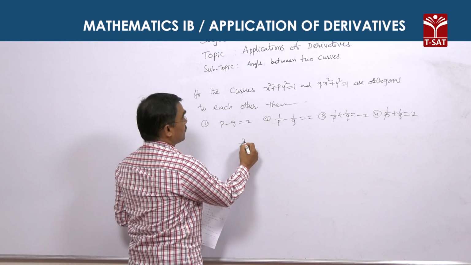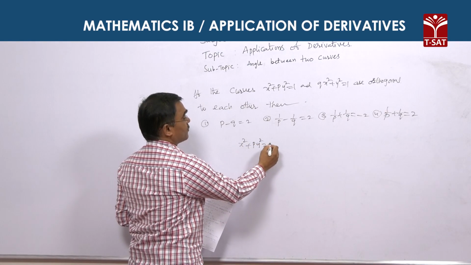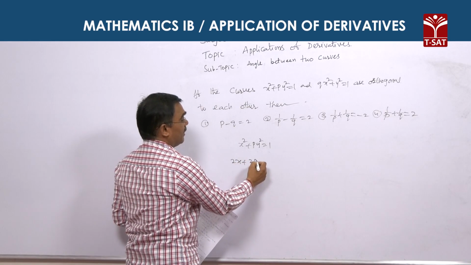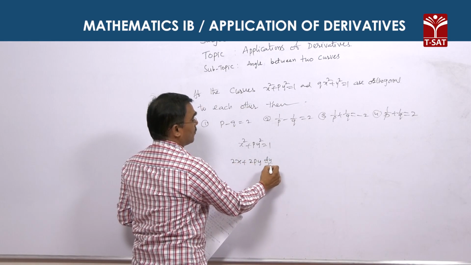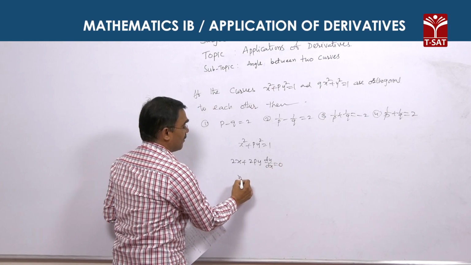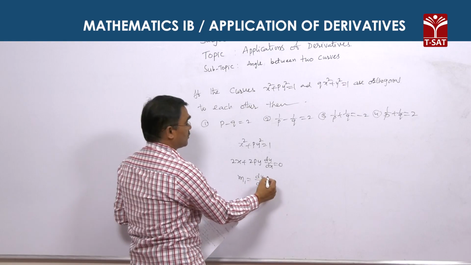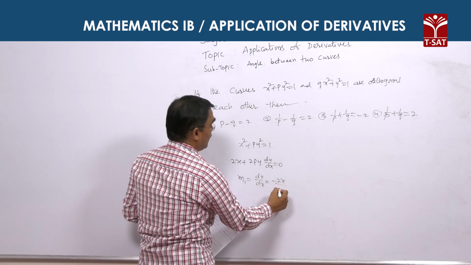The first curve is x square plus p y square is equal to 1. The slope of the tangent at any point: 2x plus 2py into dy by dx is equal to 0. From that, m1 is equal to dy by dx, which is minus 2x by 2py.